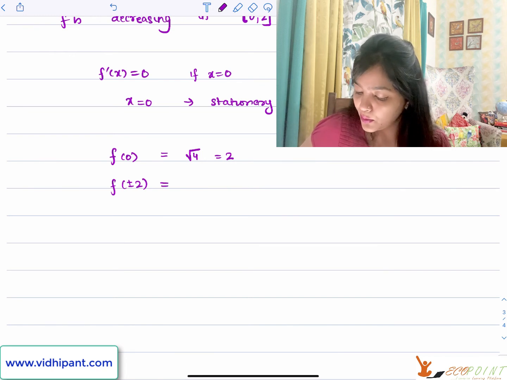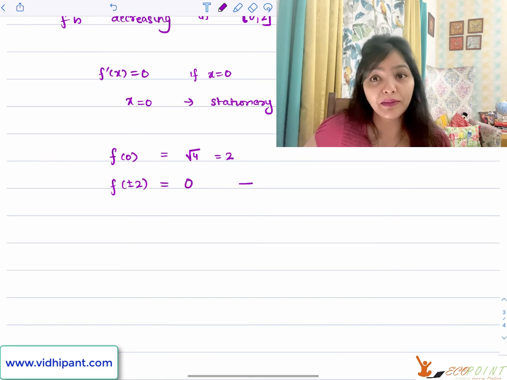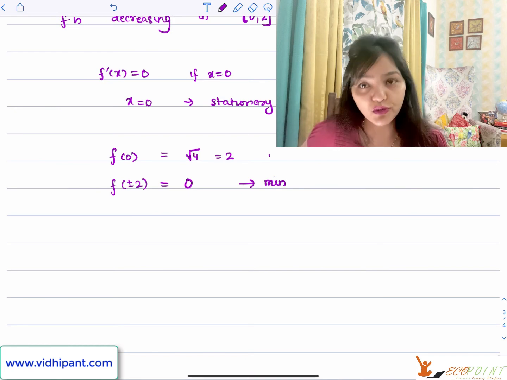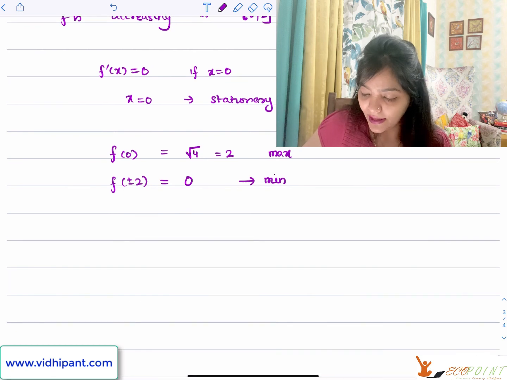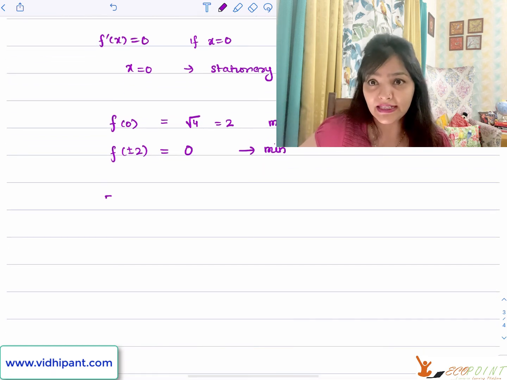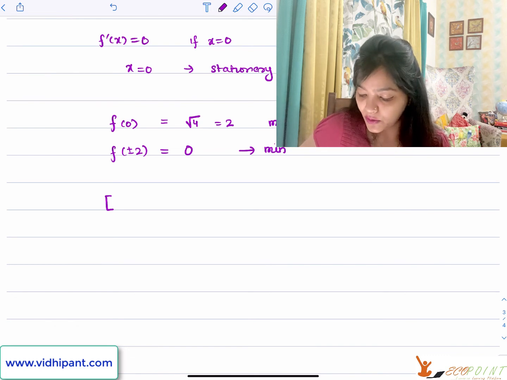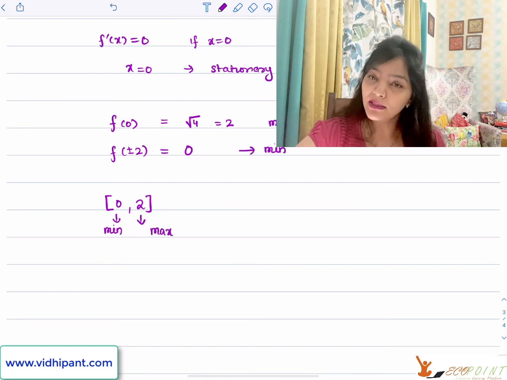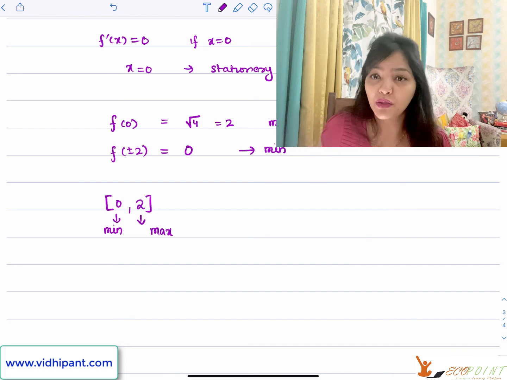So clearly you get the minimum value at plus and minus 2 and the maximum value at x equal to 0. So the value that f(x) takes is always between 0 and 2, because 0 is the minimum value that f can take and 2 is the maximum value that f can take. All other x's will give you different values, but within this range.